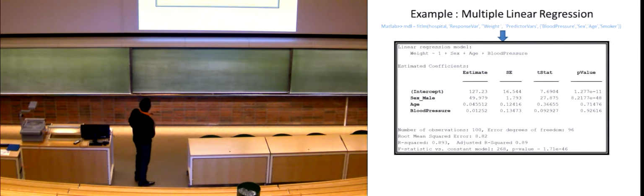Okay. Now, the multiple linear regression. Let's take another example, where my output variable is now weight. The response variable is weight, and I want to predict the weight based on the gender, the age, and the blood pressure.